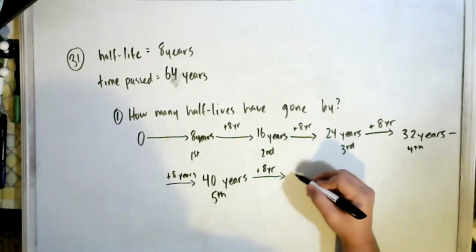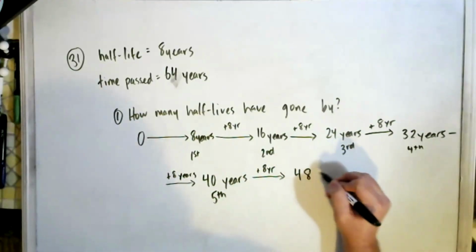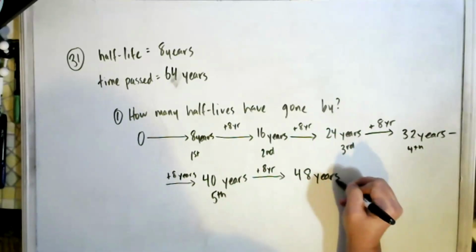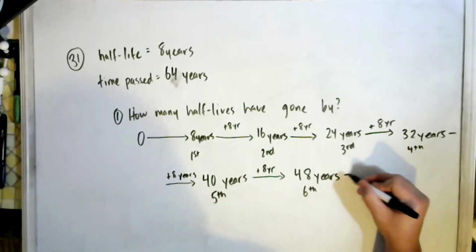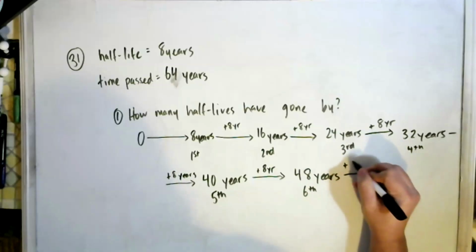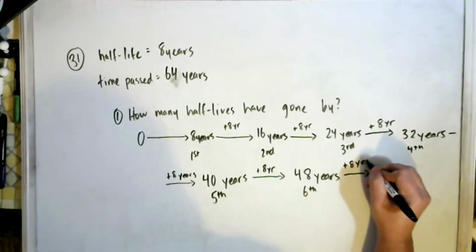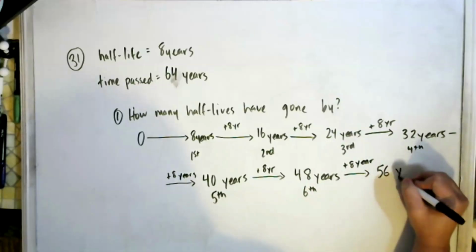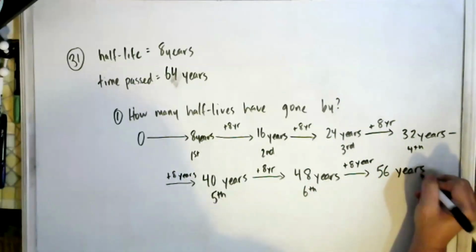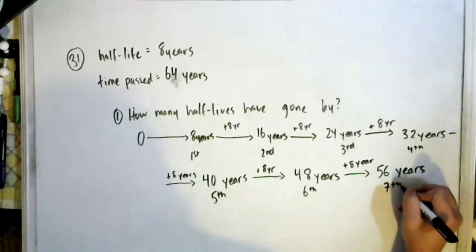Okay, so plus 8 more years, we're gonna be up to 48. That's our sixth half-life. Plus 8 more years. Now we're up to 56 years. That's our seventh half-life.